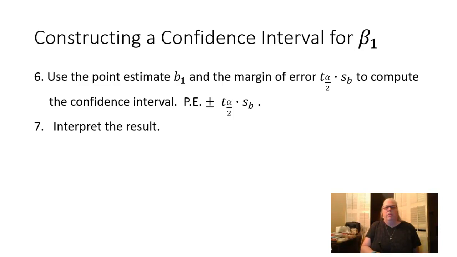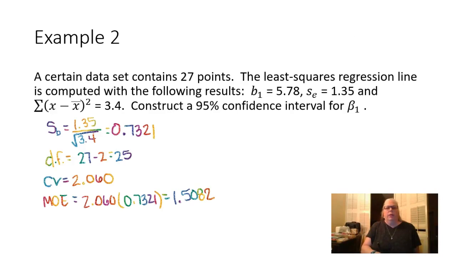Next, we're supposed to use the point estimate, which is the slope itself. And then we're going to add the margin of error to it and subtract the margin of error from it. So our point estimate is the slope itself, 5.78. All right, let's go get our confidence interval.